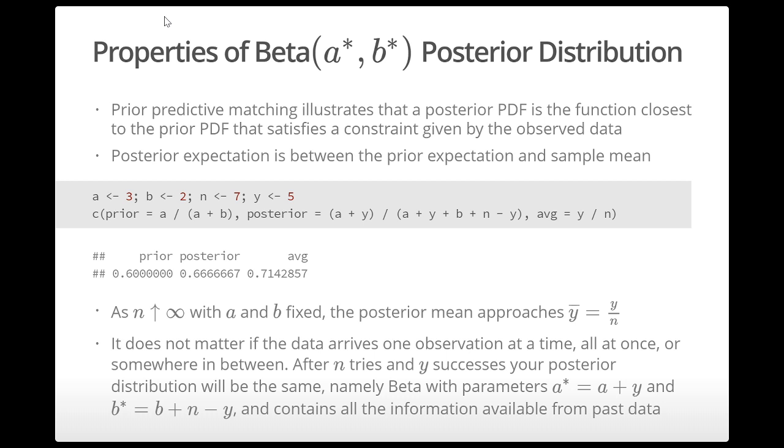In actuality, 5 out of 7 survived, so the sample average is 5/7. And the posterior expectation under the beta distribution is given by the expression in the middle, and it comes out to be 2/3. And so this seems like a comforting fact to many people, that the posterior average is between the prior average and the data average.